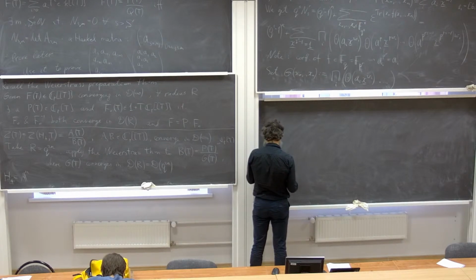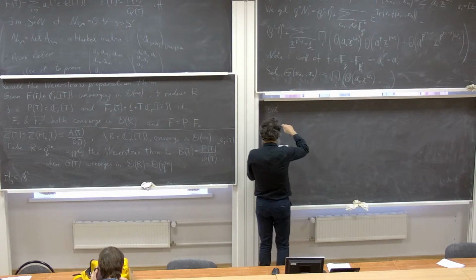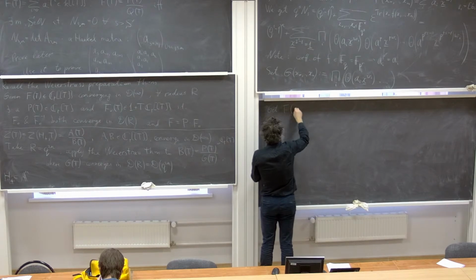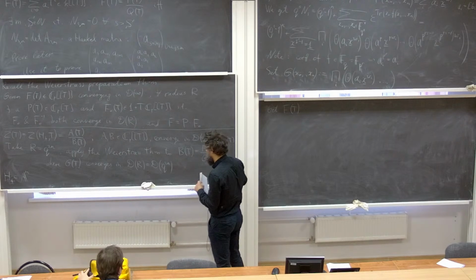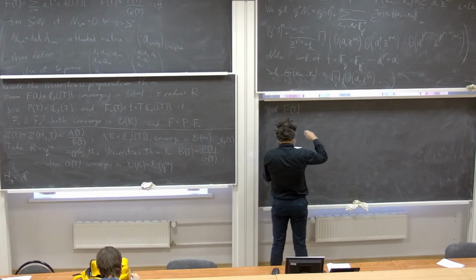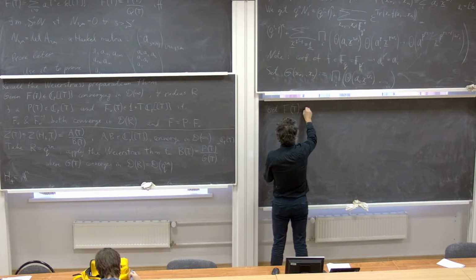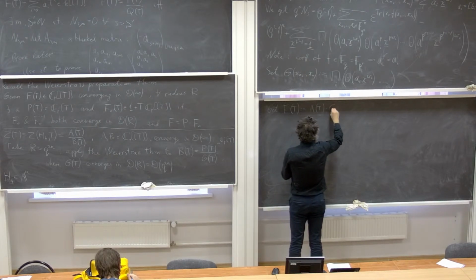So all in all, we get that this is A of t times g of t.